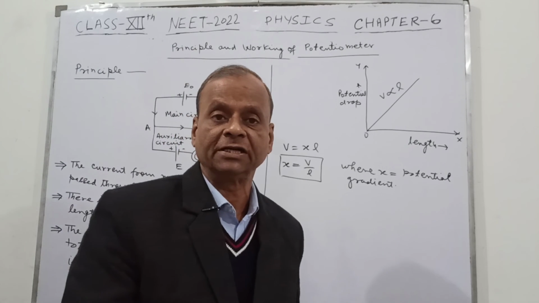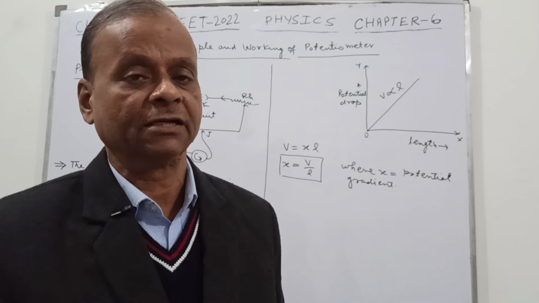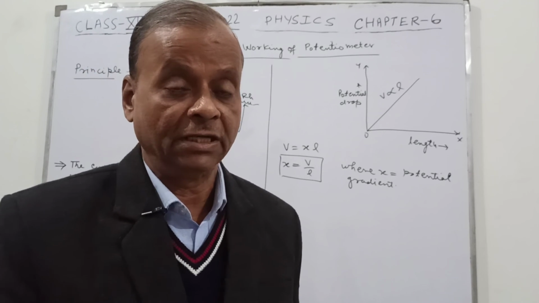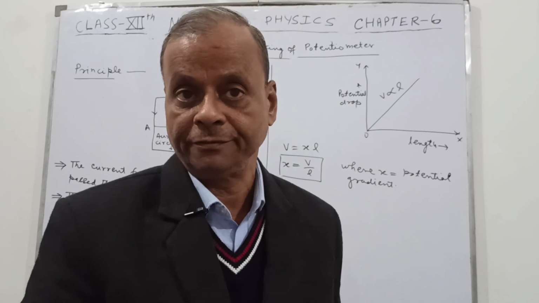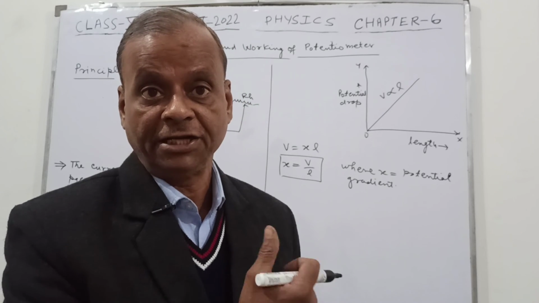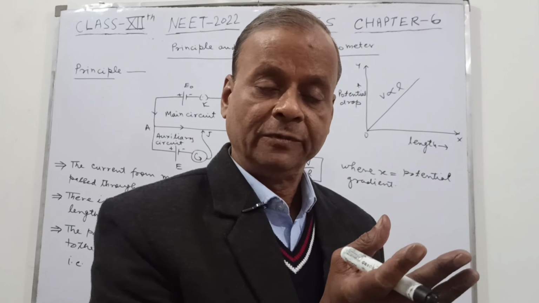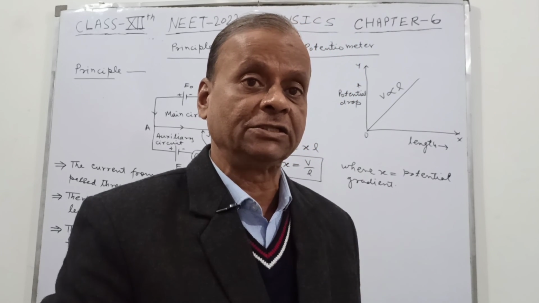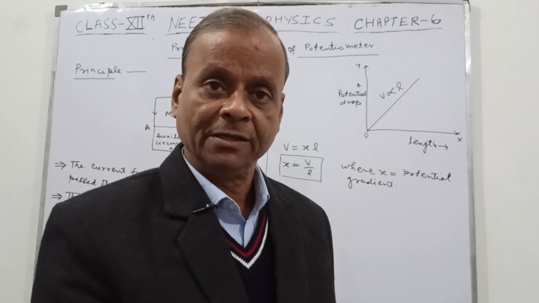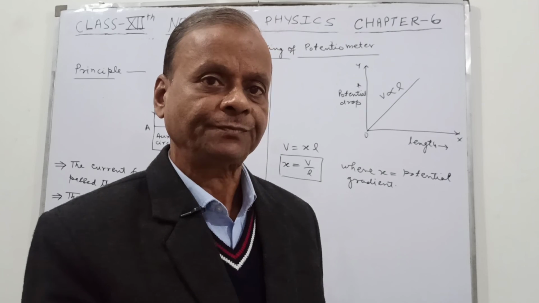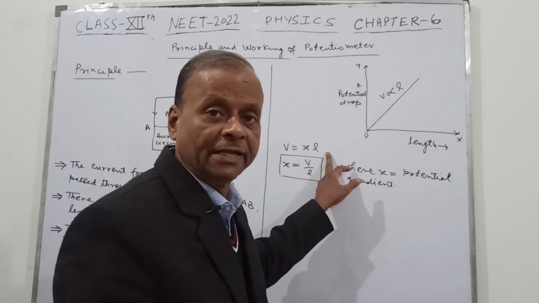I have told you about the gradient earlier also when I taught you about the electric field and the electric potential, that the negative gradient of the electric potential is equal to the electric field. So this is also a gradient, that is the potential is changing with the length of the wire. Whenever there is a change of a physical quantity with space, then there is a gradient. So here this V changes with the length of the wire.